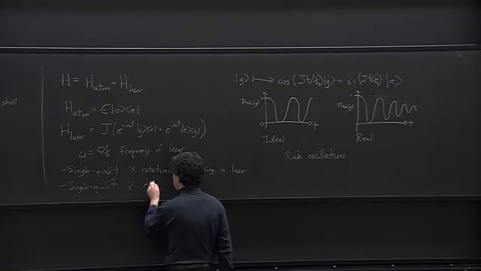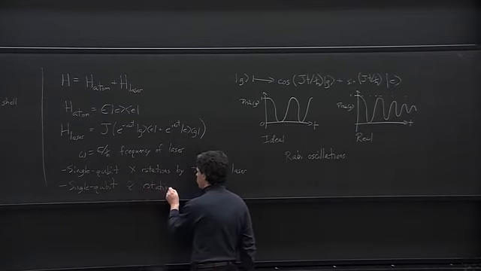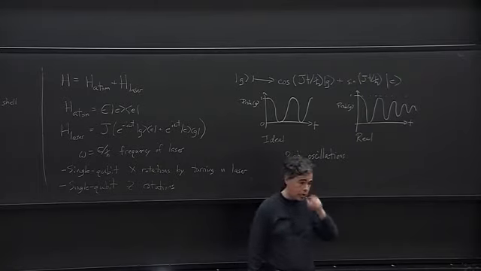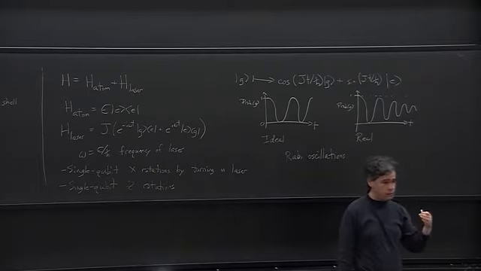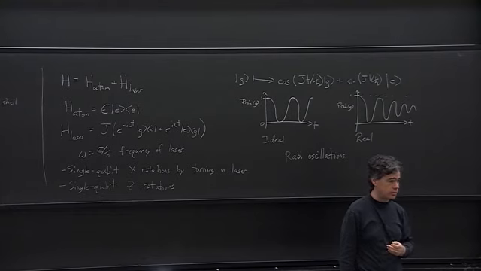And single qubit z rotations. Well, what do we want to do for a z rotation? We want to change the phase of 1 relative to 0. So how do we do that?